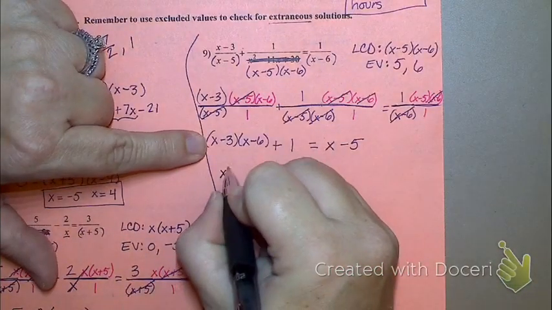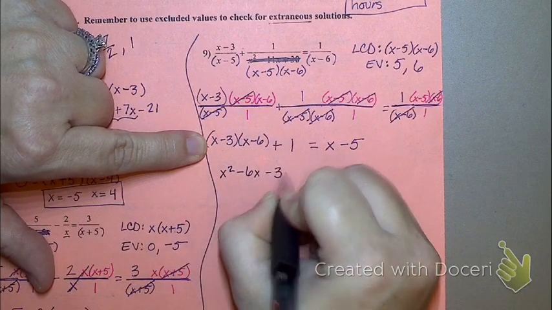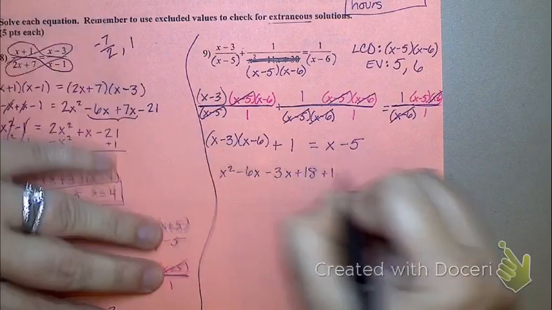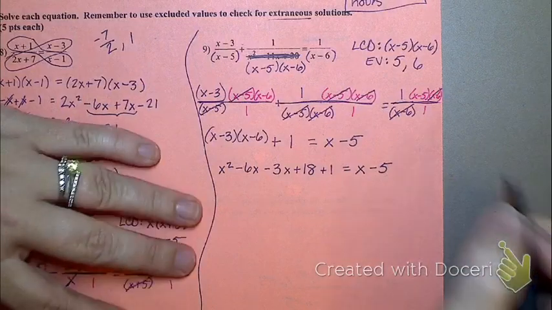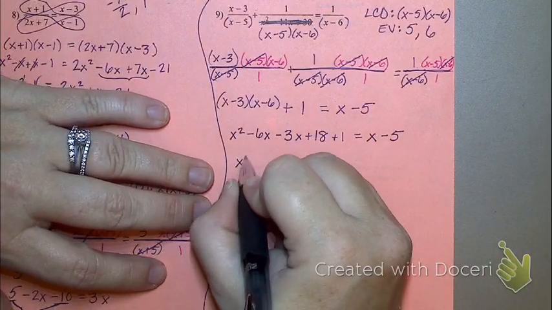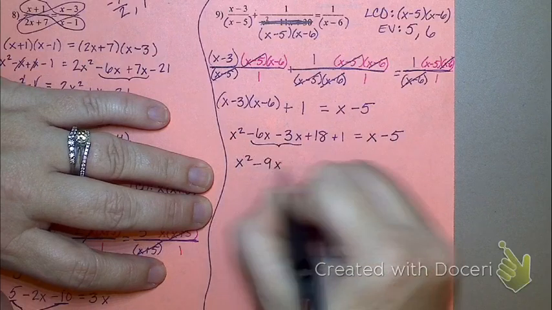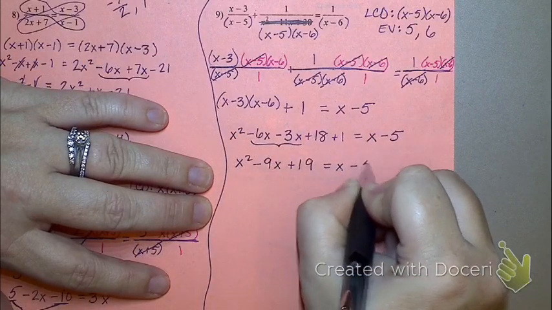I have x squared minus 6x minus 3x plus 18 plus 1 equals x minus 5. So let's see, I have x squared minus 9x plus 19 equals x minus 5.